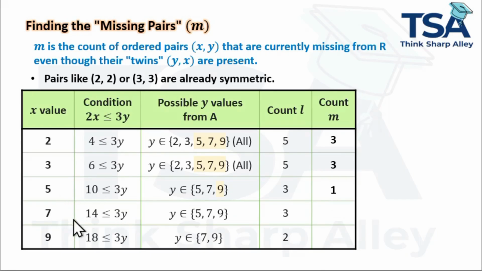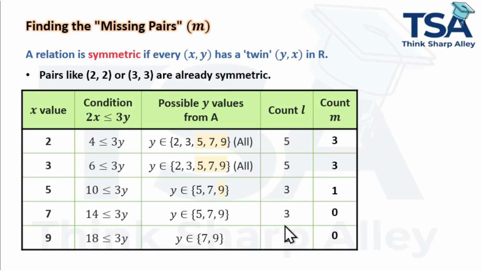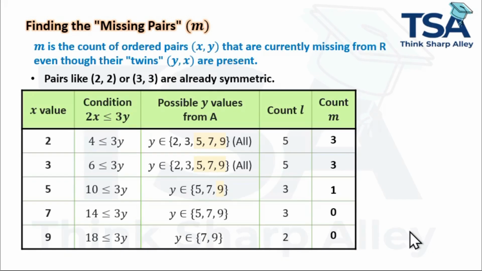For x equal to 7, (7, 5), (5, 7) is already there, (7, 7) is its own mirror image, and (7, 9), (9, 7) is already there. So the count is 0 because all the pairs over here have their twins. And for 9 as well, (9, 7), (7, 9) is present, and (9, 9) is its own twin. Again the count is 0.